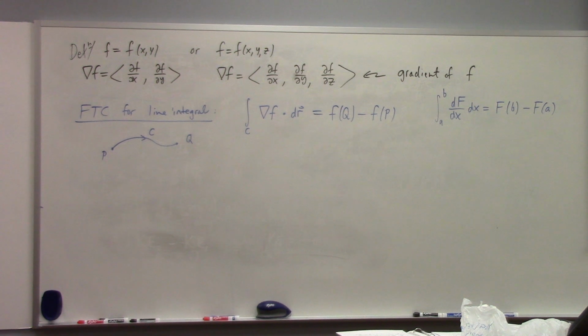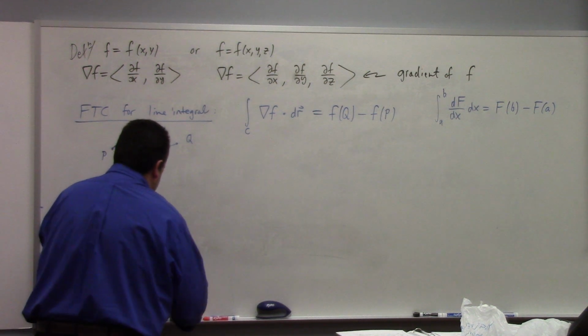All right? So let me put it all together for you. There are special forces which can be written as the gradient of a potential function. Let me make a definition.